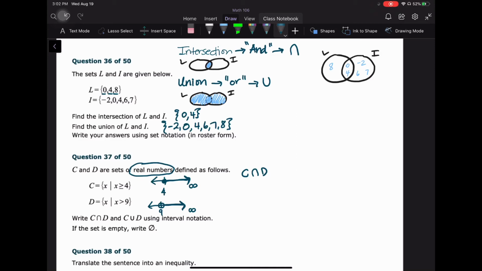For C and D, the things that they have in common, well, C goes from 4 up, 5, 6, 7, everything in between. D goes from 9 up, or goes above 9. The things that they have in common would be greater than 9 and on. So we would say the set X such that X is greater than 9.